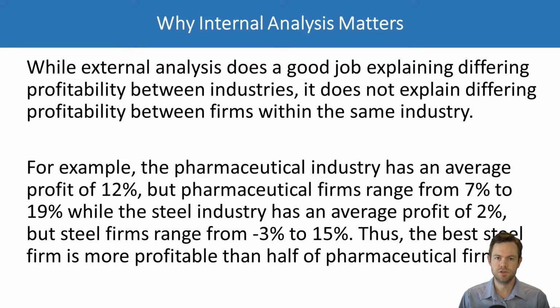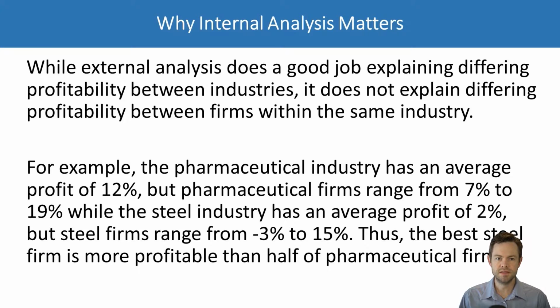Well, while external analysis does a good job of explaining the differing profitabilities between industries, it does not explain why some firms are more or less profitable within the same industry. For example, in what Porter would call an attractive industry, the pharmaceutical industry has an average profit of 12%.